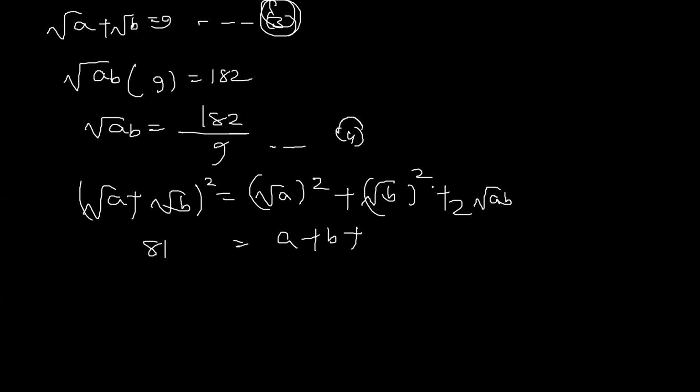I think here we have no problem. So it is 2 times 182 by 9. So a fraction is coming. I believe something will happen later.